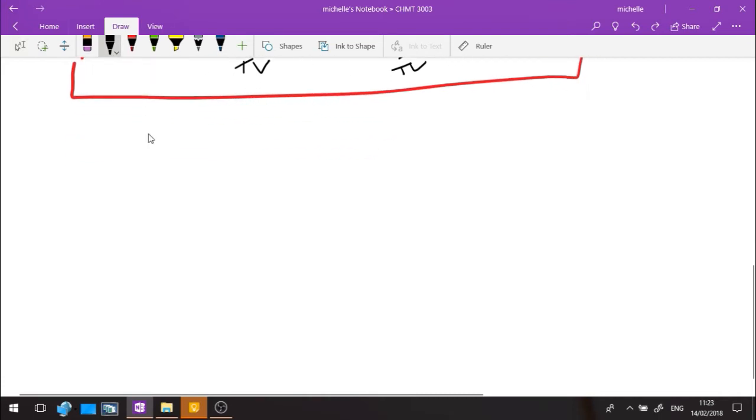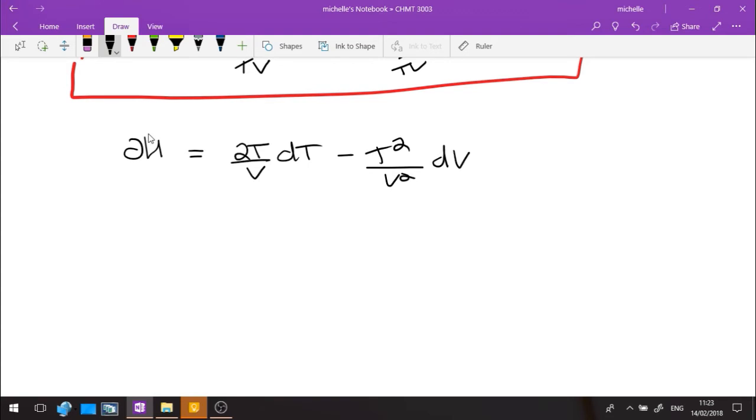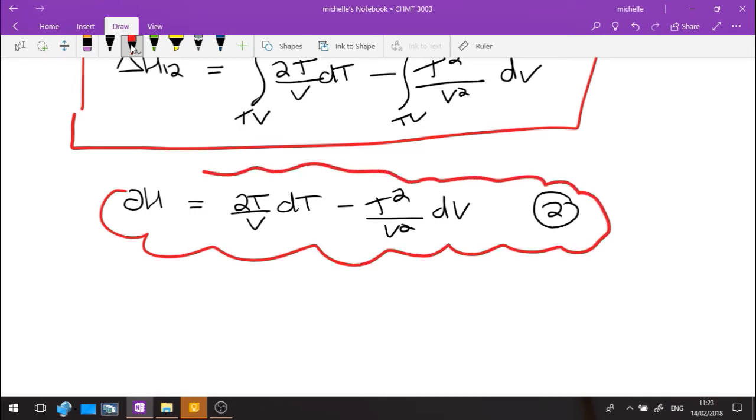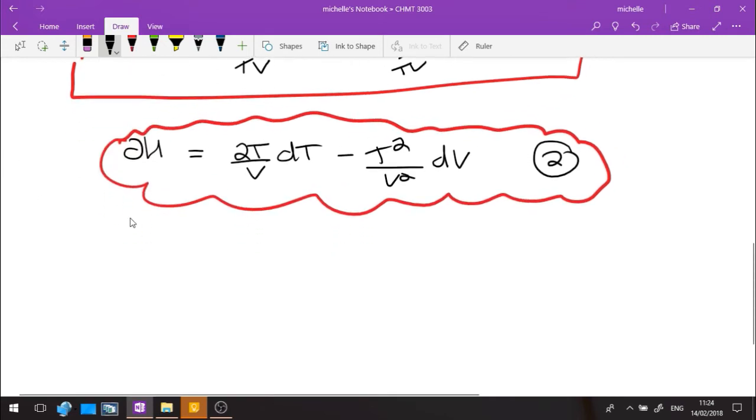If I take this equation, dH is equal to 2T over V dT minus T squared over V squared dV. This is, say, equation 2, right? What is this equation here? This is the one I want to focus on. What's it saying? Well, it's saying that I managed to get my total derivative and then I substituted in for my partials, for what the function represents in the system. You go, oh, okay, so that's what my dH is.